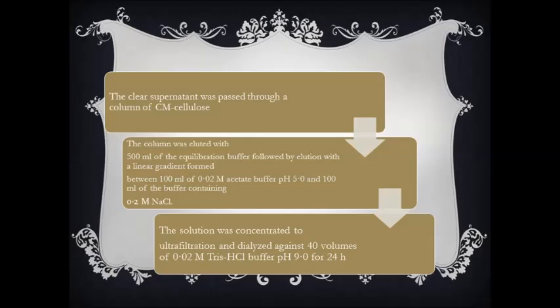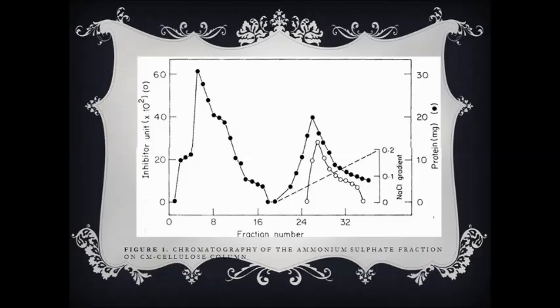The solution was concentrated by ultrafiltration and dialyzed against 40 volumes of 0.02 M Tris-HCl buffer pH 9.0 for 24 hours. Figure 1 shows the chromatography of the ammonium sulfate fraction on CM cellulose column.